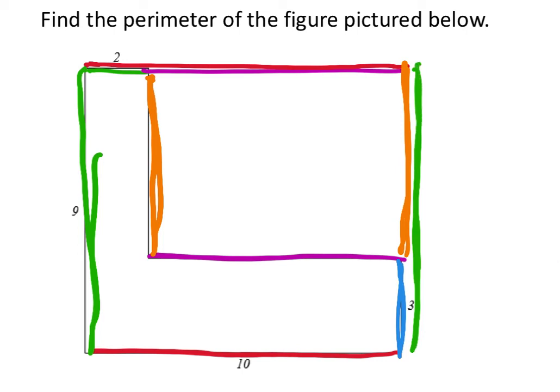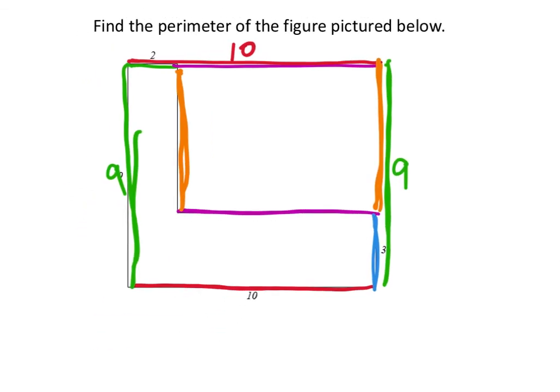I already know that the green is 9 and that the red is 10. Okay, so I can find the perimeter this way using just these 4 lengths, because by moving those out, what I've done is I've essentially created a rectangle, right? Like this is gone here and this is gone. And so I only have 4 lengths to consider in this one.